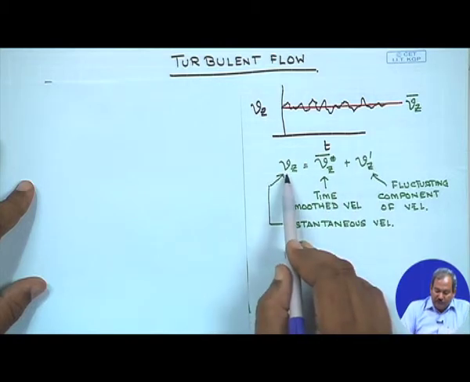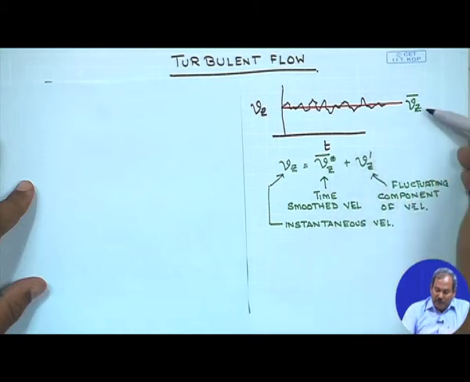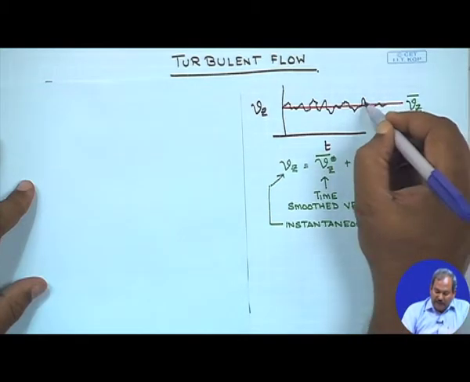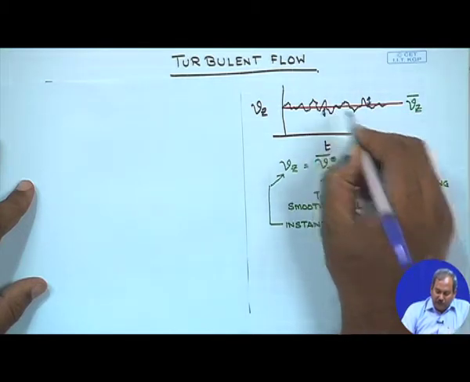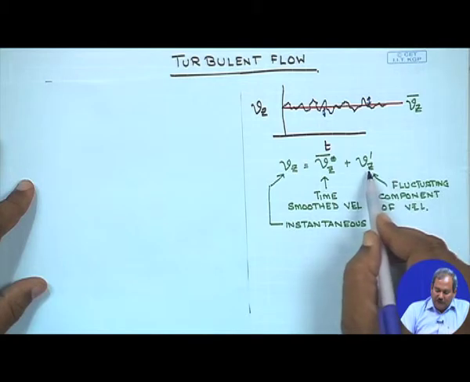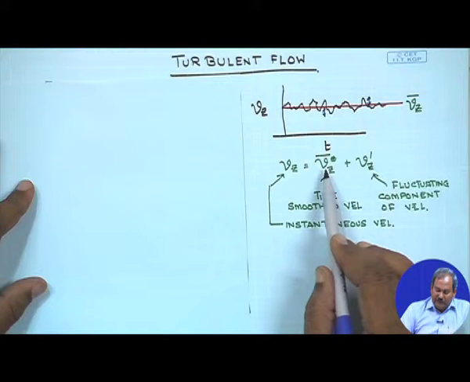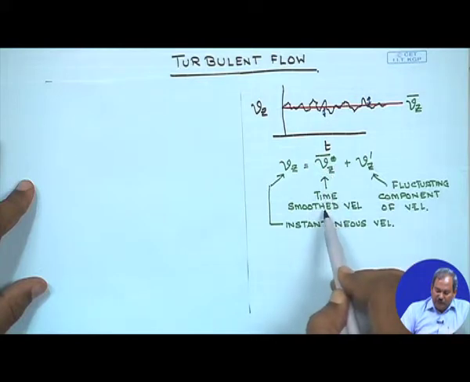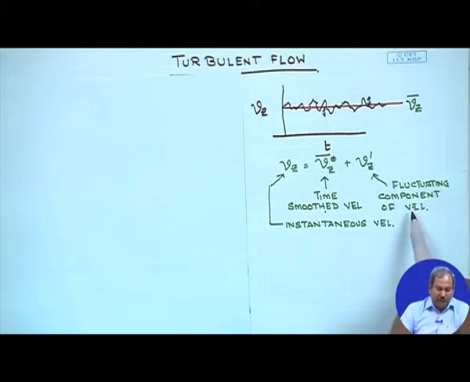So, one can express the instantaneous velocity as the sum of the time smooth velocity and a fluctuating component, whatever be this fluctuating component. The fluctuating component can be positive, the fluctuating component can be negative. So, the instantaneous velocity is a function of the time smooth velocity and the fluctuating component of the velocity.